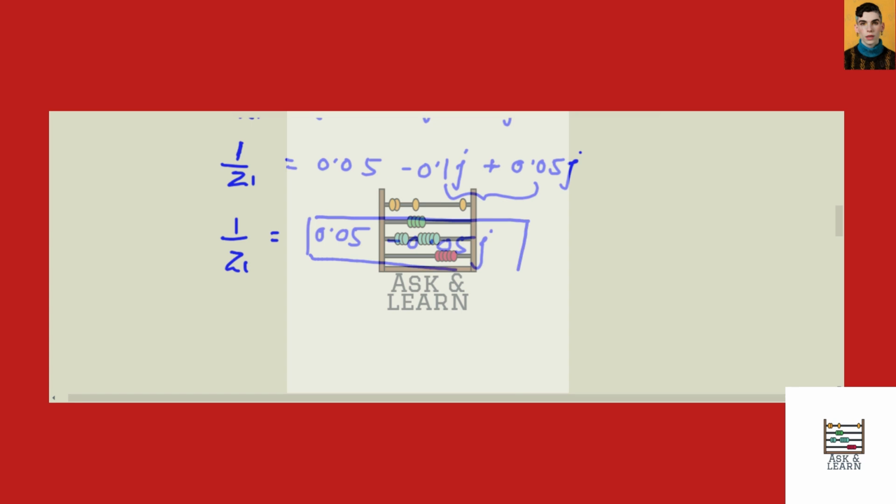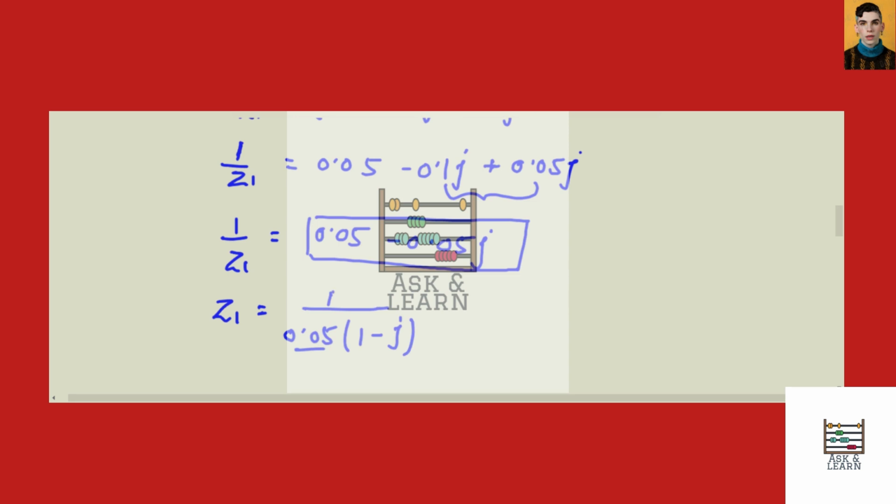As we are interested in Z1, let's get the reciprocal of these. I take 0.05 out as a factor. So this is our 1 upon j, and this is our 1 upon j.